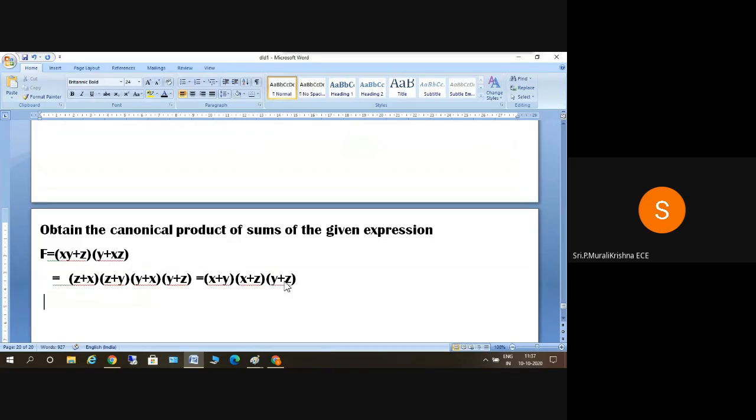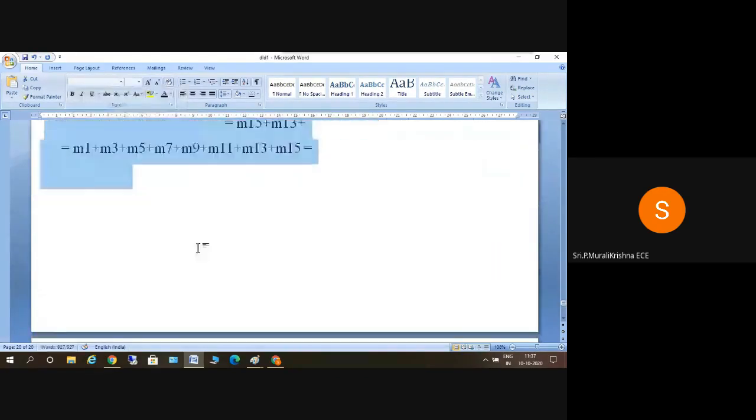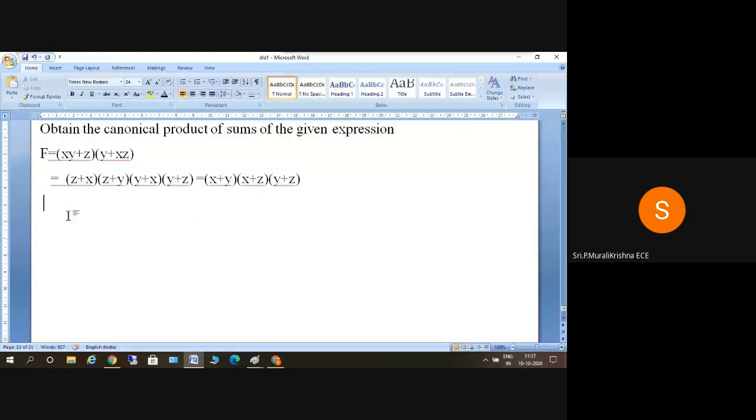Okay. So in each and every term, what is missing? In each and every term, you can see here. In the first sum term, x is missing, so I can write plus 0. Because this is a product of sums, we have to add a 0.